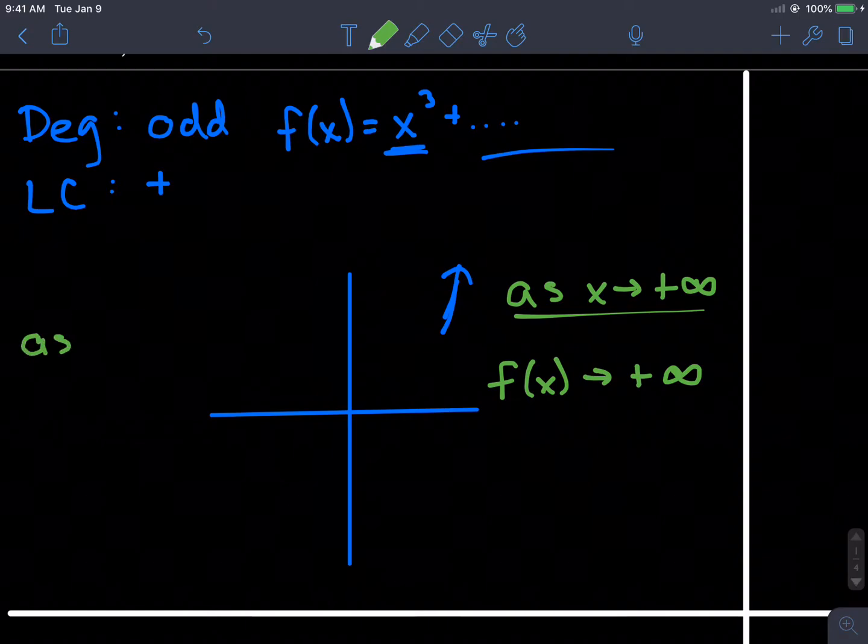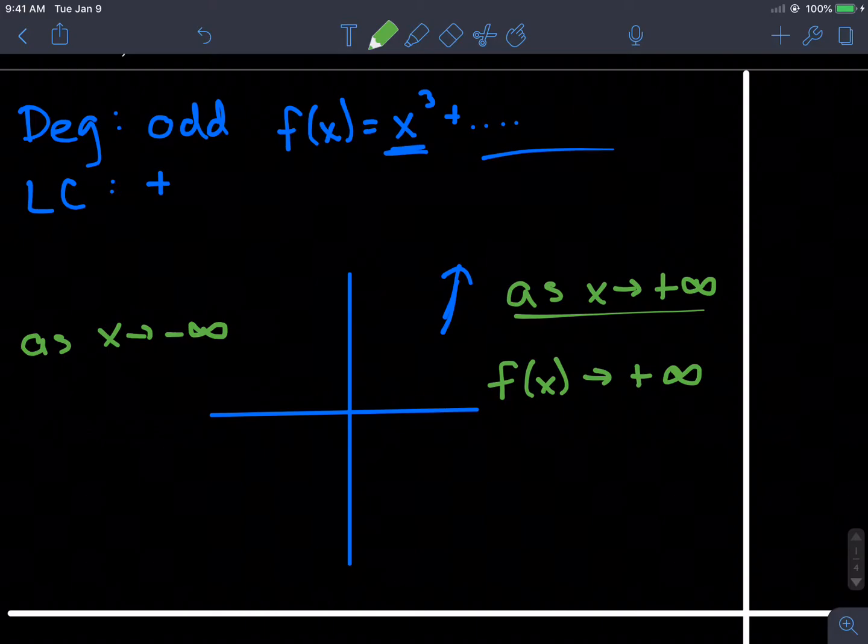And what about on the other side? As x goes towards negative infinity, if we're plugging in large negative numbers, what happens to x to the third, or I guess any odd power if our degree is odd?